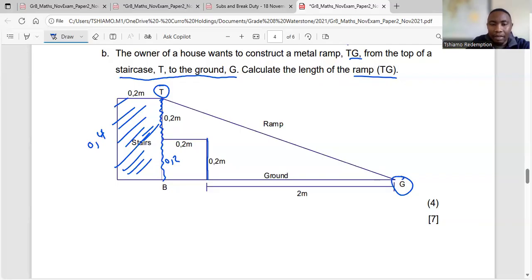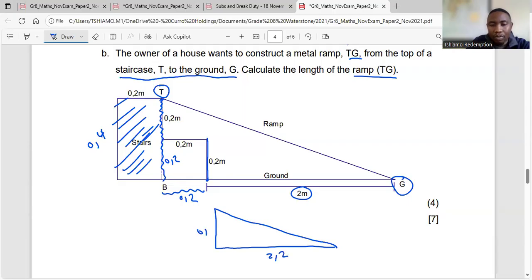And then this part, BG, I have it as 2 meters from the ground of the stairs. And then this missing part here will be how much? 0.2. So in total, I have something like this: 2.2 and 0.4.